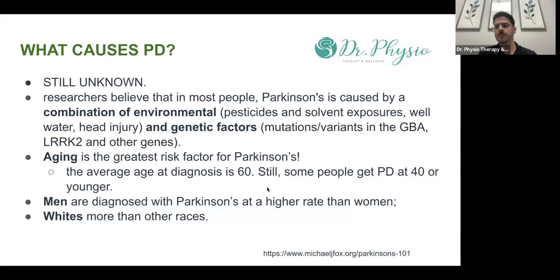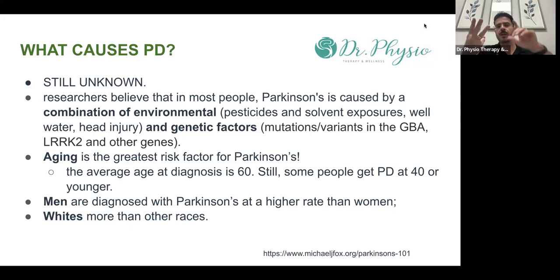So what causes PD? We still don't know. What we know, definitely, what the research backs up on that aspect is that Parkinson's is related to a combination of environment, okay, and genetic factors.